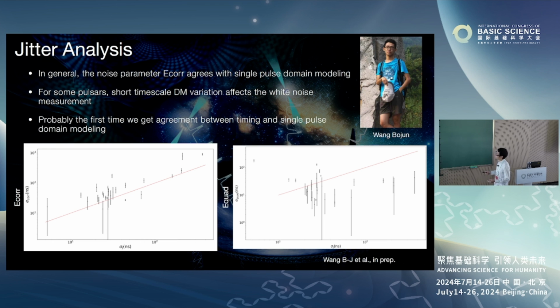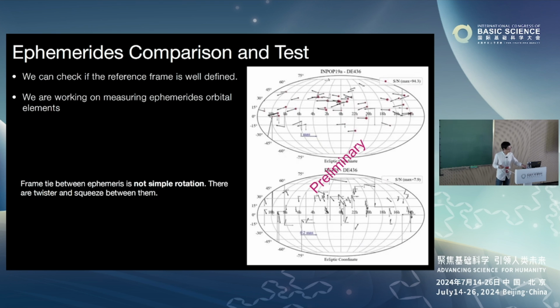However, the EQUAD parameter seems to originate from the instrument. So we can basically understand where the white noise parameters come from. And this is a very good agreement for the timing and the results from the noise process. And this is agreement between two different ways.